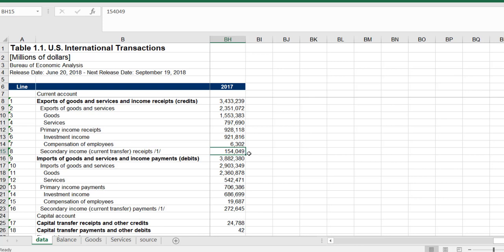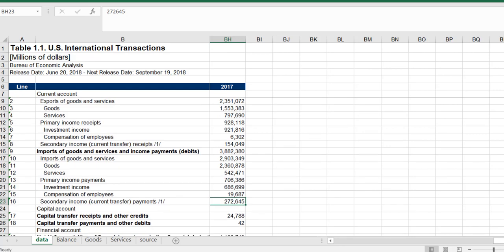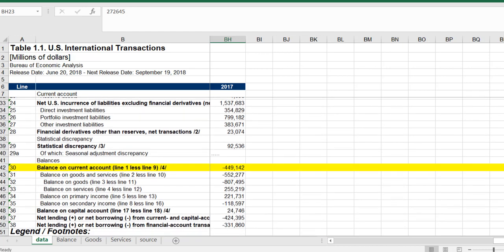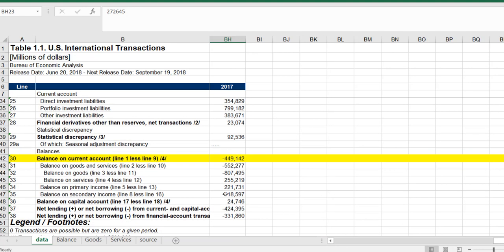So Americans working abroad send back home $154 billion, whereas foreigners working in the US send out $273 billion. Hence, the deficit in that secondary income rubric.